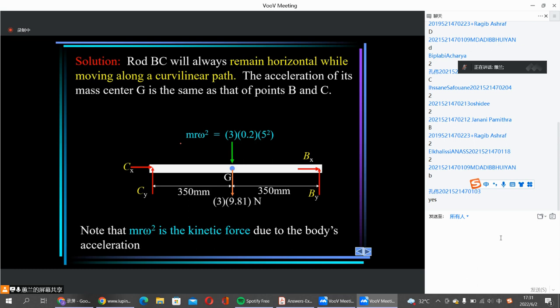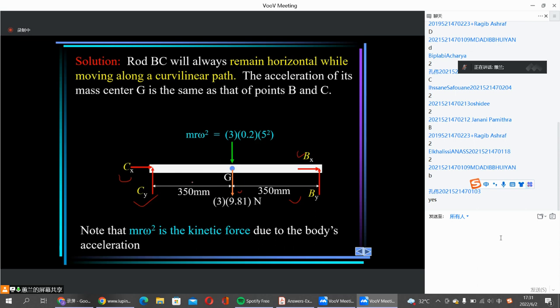Because BC always remains horizontal while moving on a curvilinear path. Just as we said, BC is doing curvilinear translation, so it will have the same acceleration as point B and point C. So for BC, this will be CX, CY, BX, BY, and G.